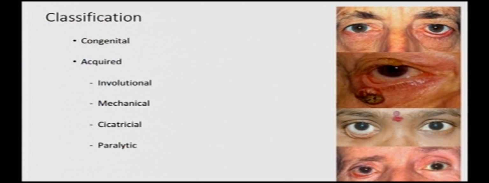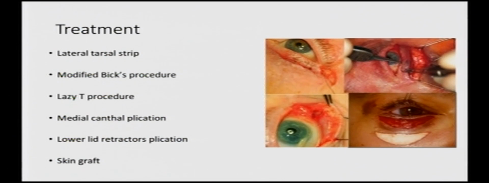The acquired is further subclassified into involutional, mechanical, cicatricial, and paralytic ectropion. There are various treatment options, but that also would be decided by the surgeon based on the type and grade of the ectropion. All these will be discussed by my colleagues in subsequent presentations.